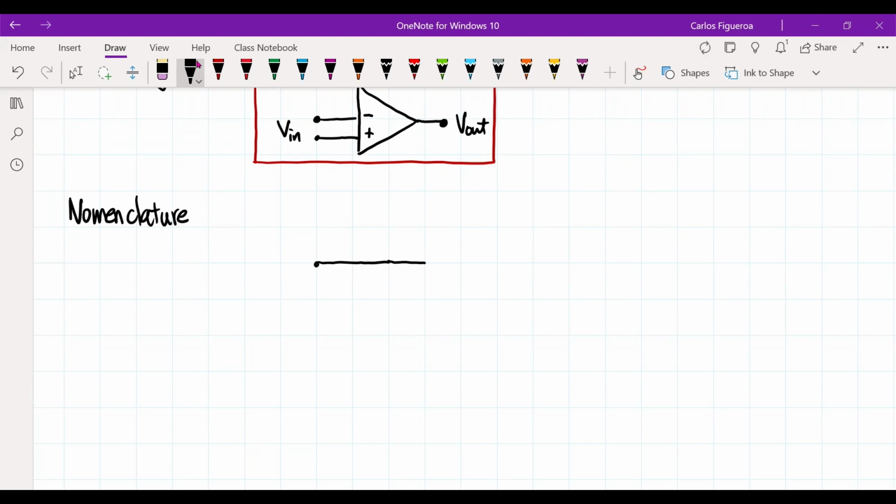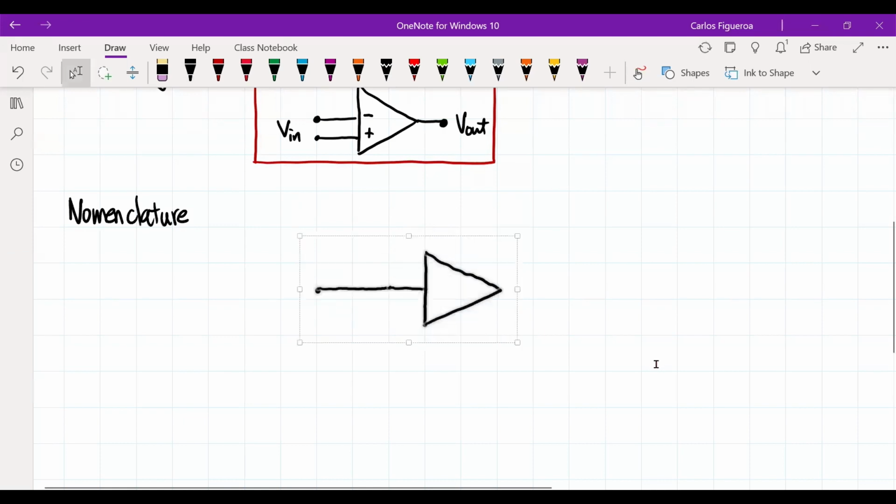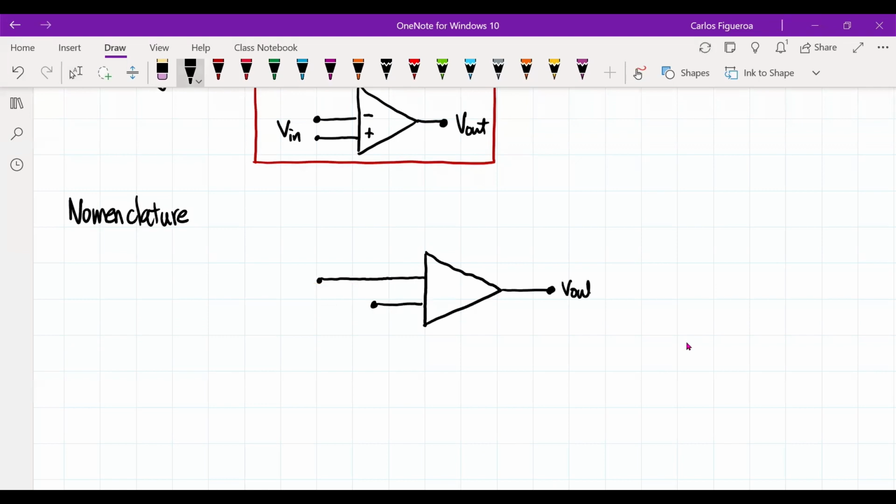So here's my op-amp. I'm going to move this down because I'm going to run out of space. Then I have V out right here.